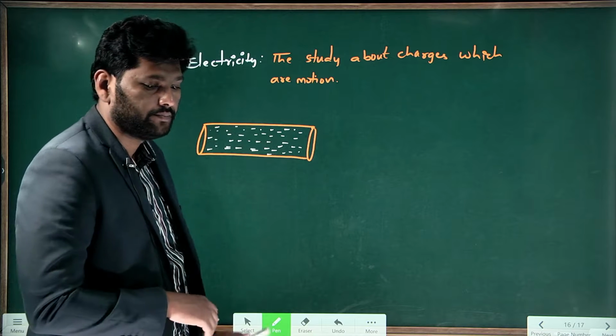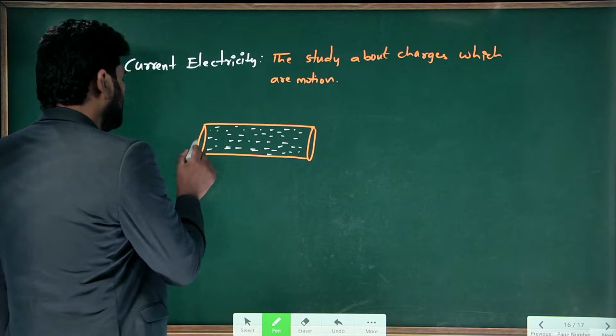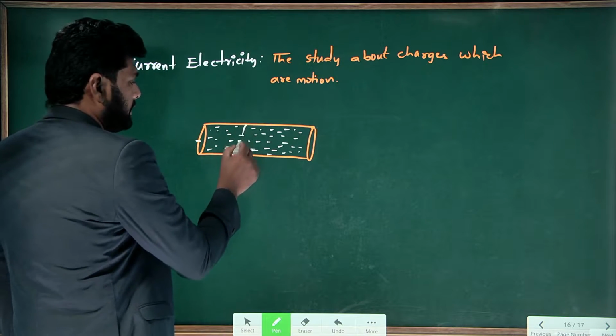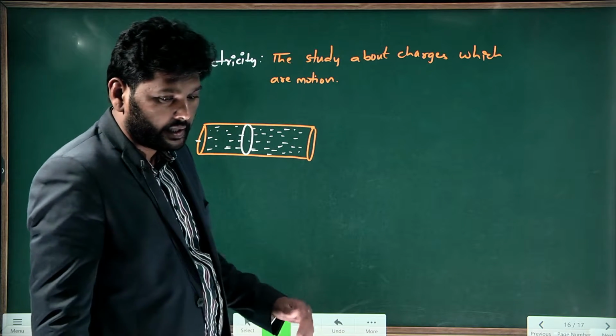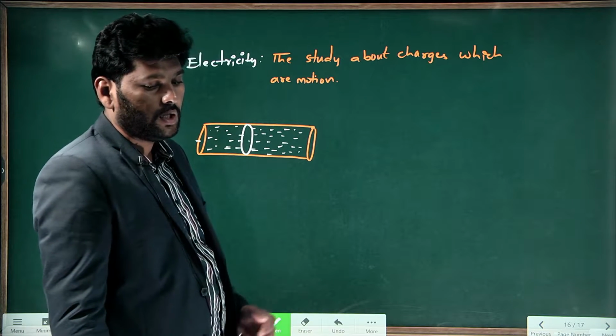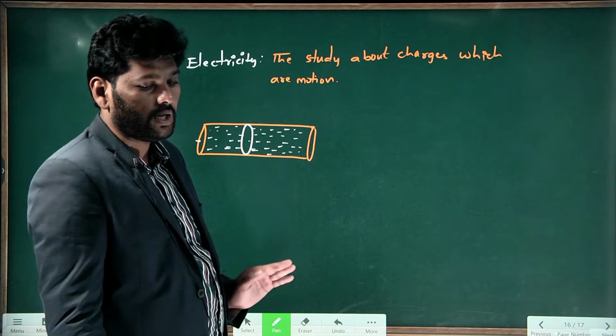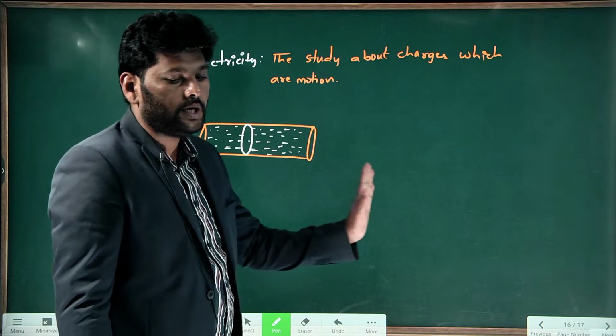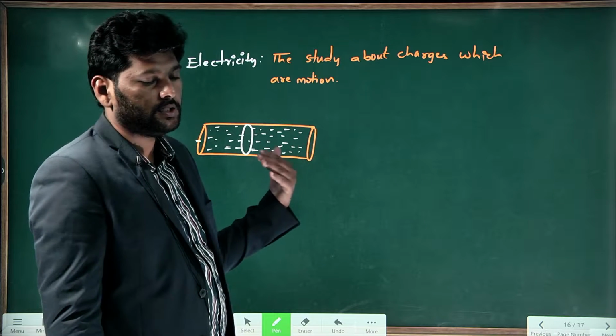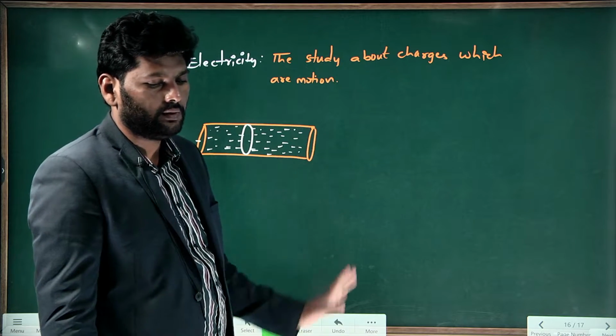If you observe any cross-sectional area of the conductor when no source is connected, the left side charge motion and right side charge motion are approximately equal.